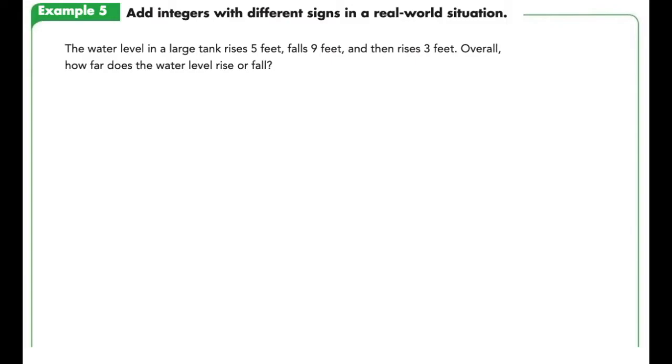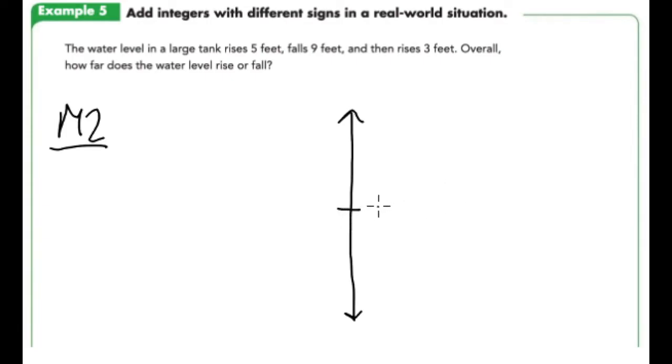So for our second method, we're going to do the same thing here, except now I'm going to use a number line. And I'm going to use a vertical number line because we're dealing with rising and falling of water levels.